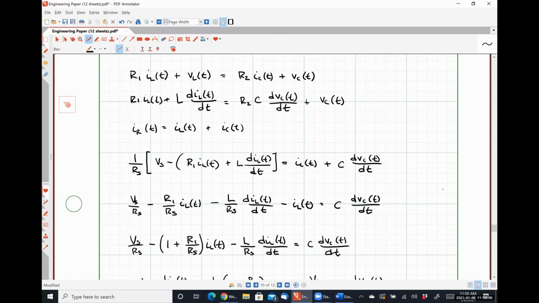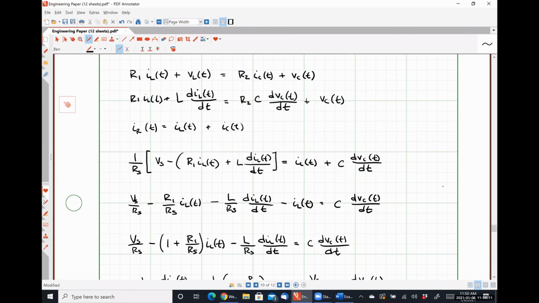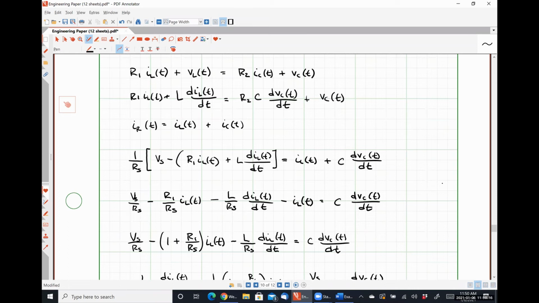So my thought here is substituting in what I have for dVc by dt right here, because that is going to give me Vc with everything in terms of IL and its derivative.